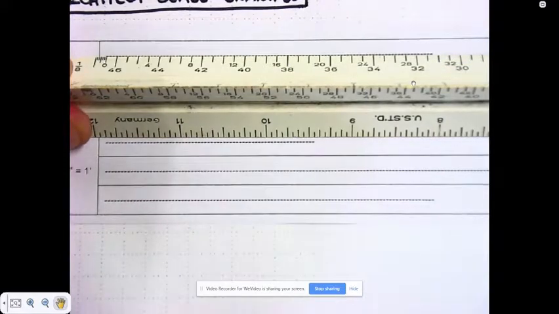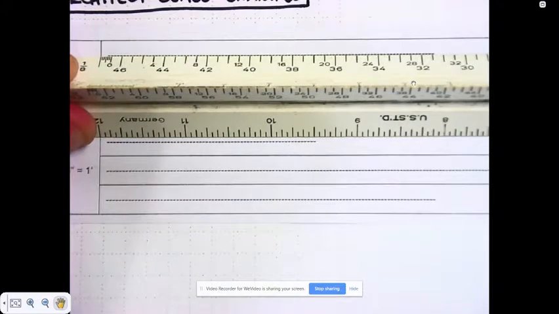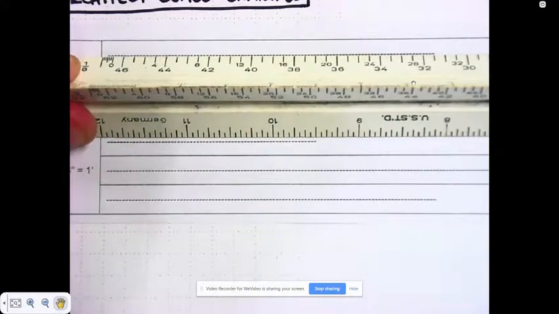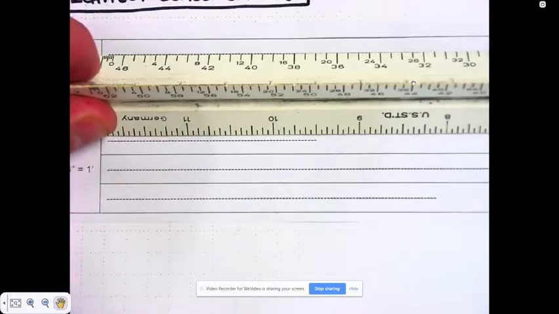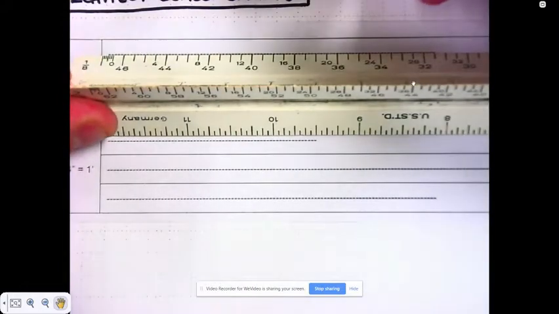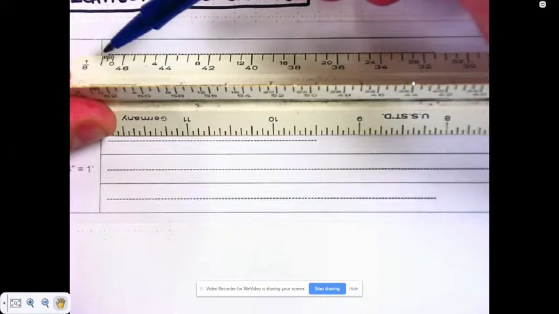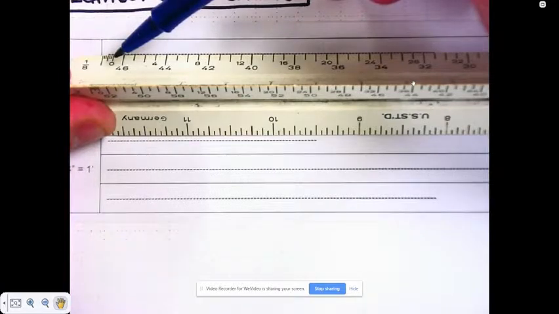Then if I move my scale to this side, now I can count how many inches that is. If I look at the end of my scale here, I can see that there are 6 lines between the end and the 0. That represents 1 foot. If there are 6 lines between there, I know that each line is 2 inches, because that's the way it is calibrated.